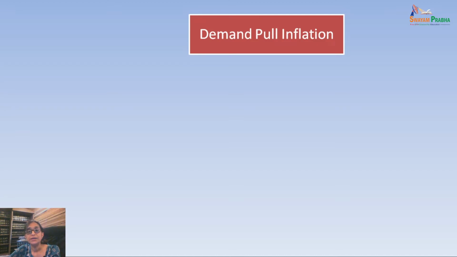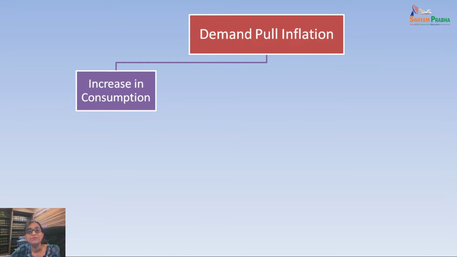Any change in the aggregate demand, any increase in the aggregate demand, which is not compensated by a subsequent increase in supply, leads to inflation. And such inflation we have termed as demand pull inflation. So let us discuss all these factors one by one. So demand pull inflation, as we have just said, can be because consumption increases. Households start consuming more. There is more demand for final goods and services.